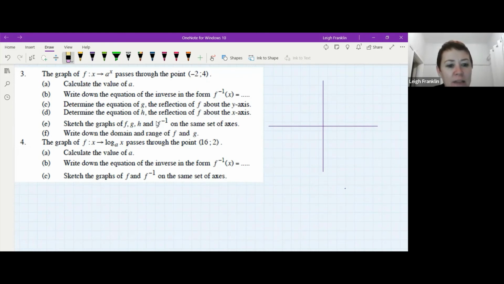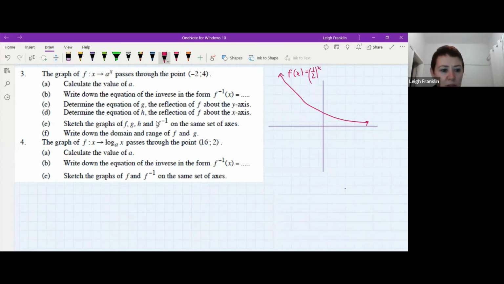And then you're going to take that graph and you're going to reflect it. So now that you know what the graph looks like, okay, it looks like this. So this is your F graph over here. And that's what it looks like. So now what they want us to do is they want us to determine the equation.